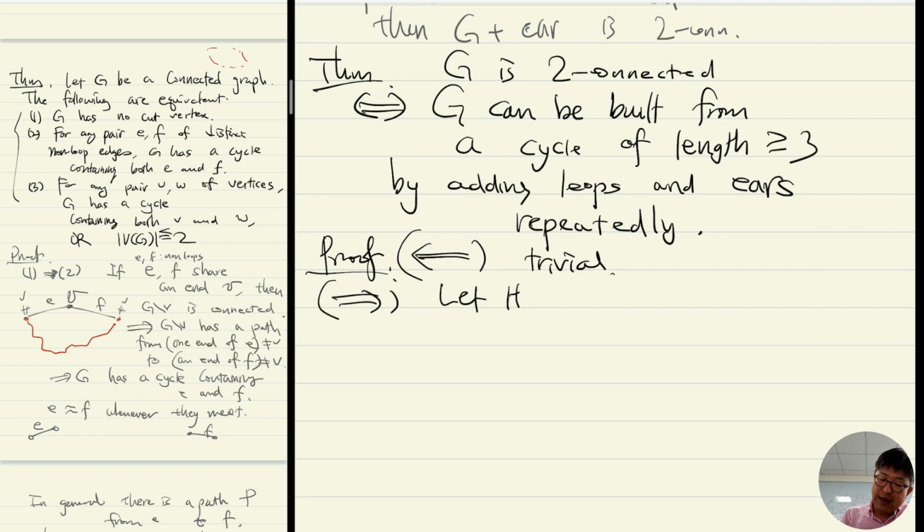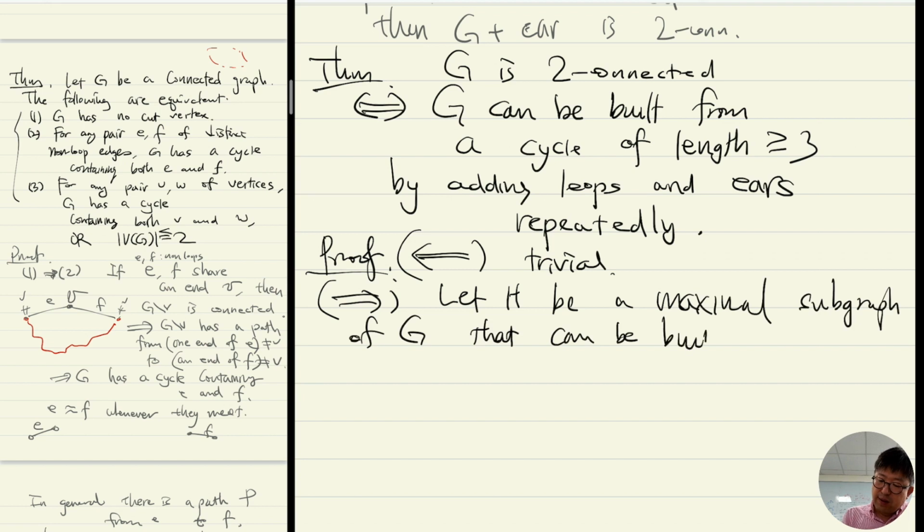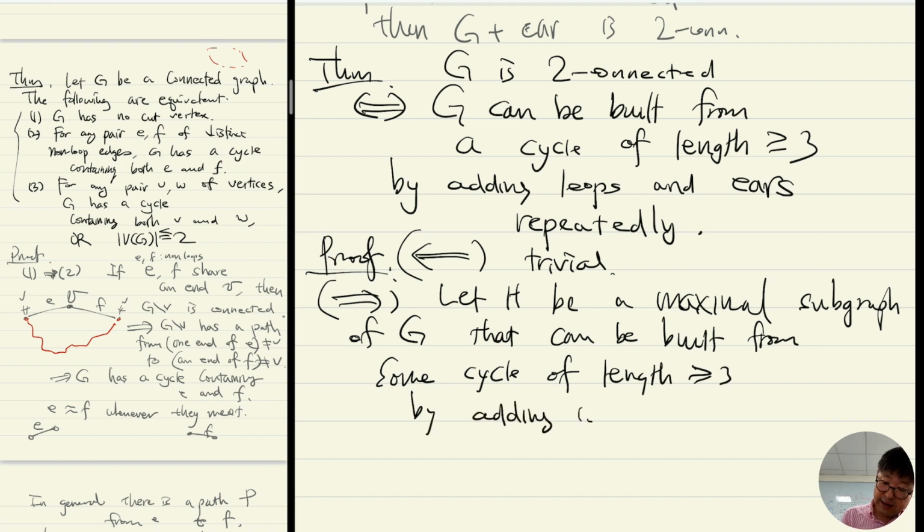So let H be a maximal subgraph of G that can be built from some cycle of length at least 3 by adding loops and ears repeatedly.